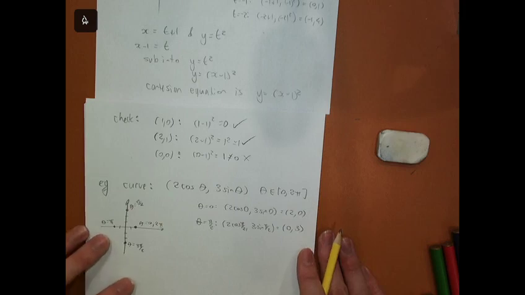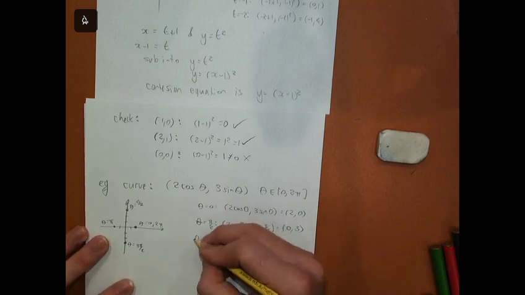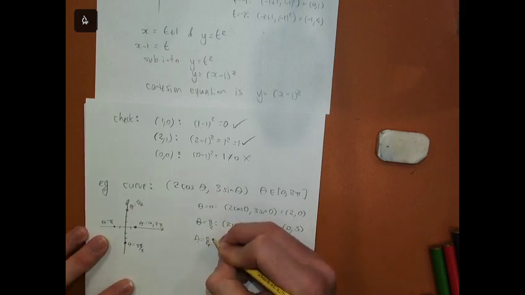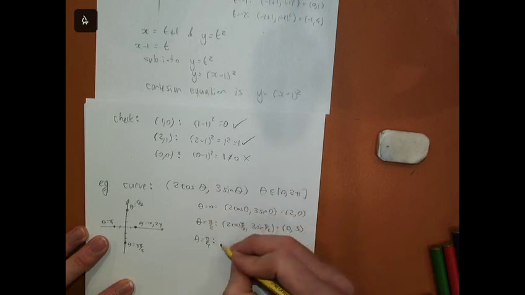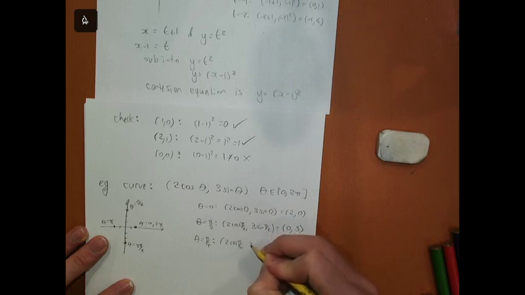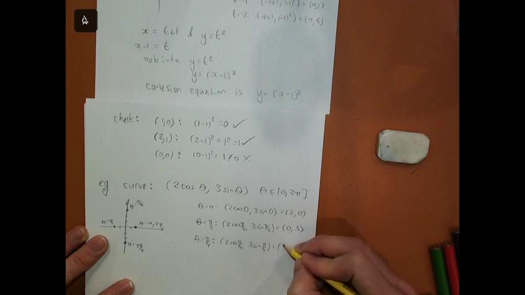Let me just try another one. Let me try theta equals pi on 4, like halfway between these two. 2 cos pi on 4, 3 sine pi on 4. So that's 2 on root 2, 3 on root 2.